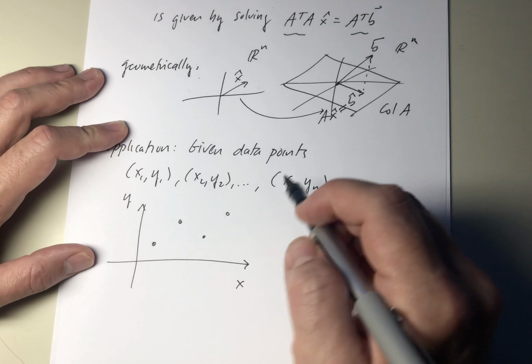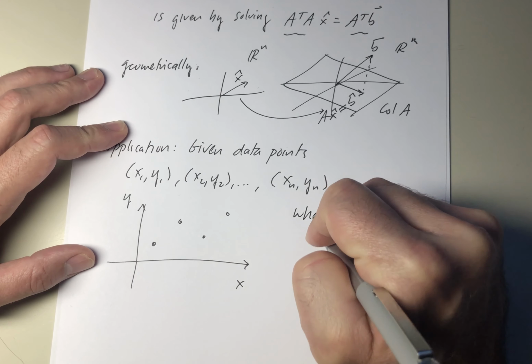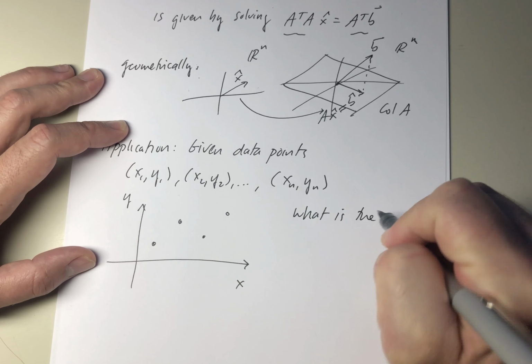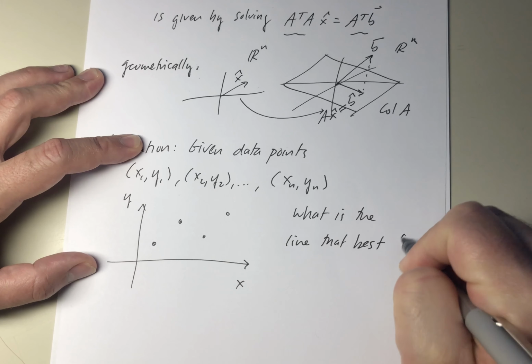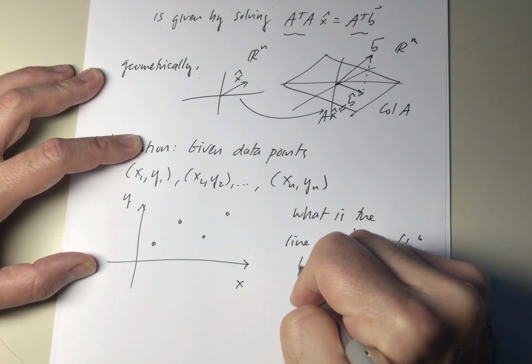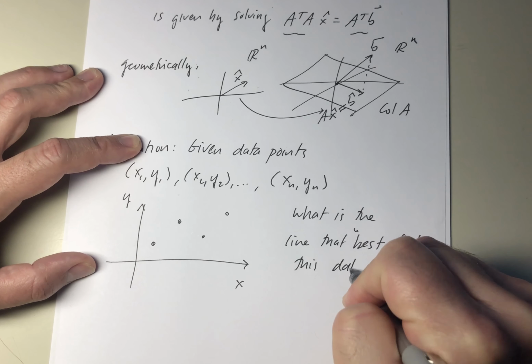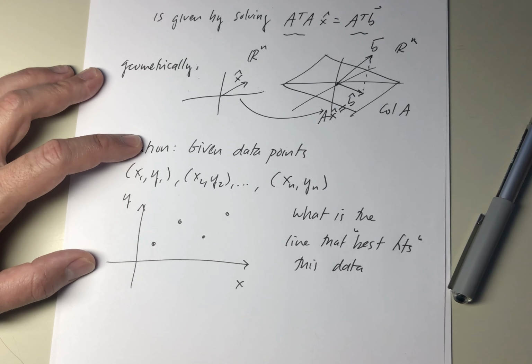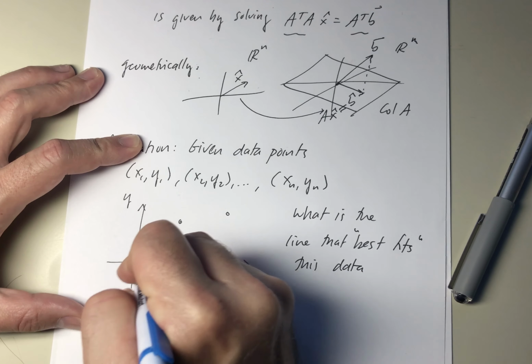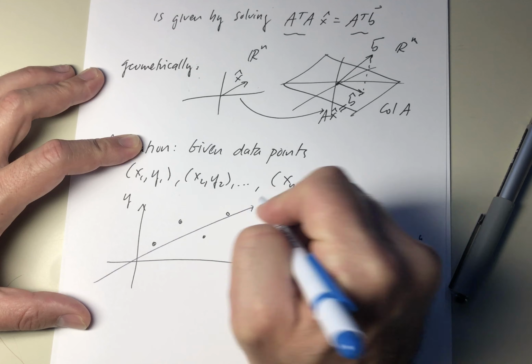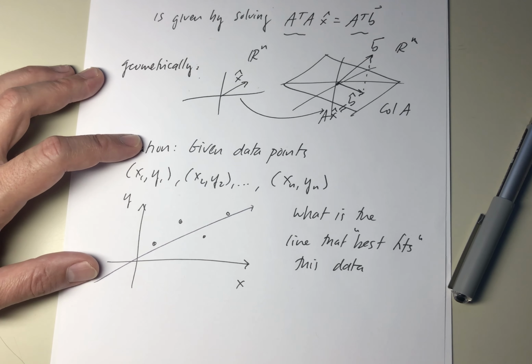The idea is, what is the best line? What is the line that best fits this data? I can't go through all these points because they don't sit on a line, but I want a line that in some sense is closest to all of them.